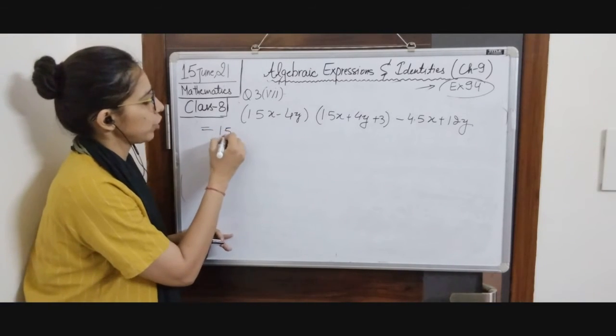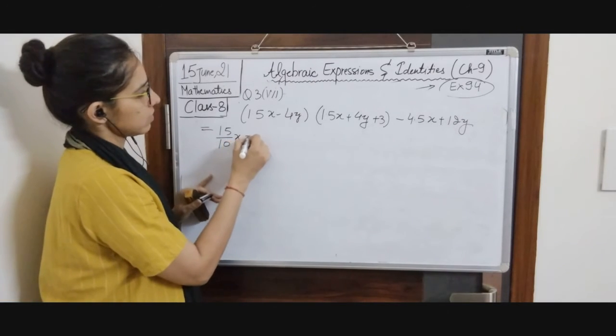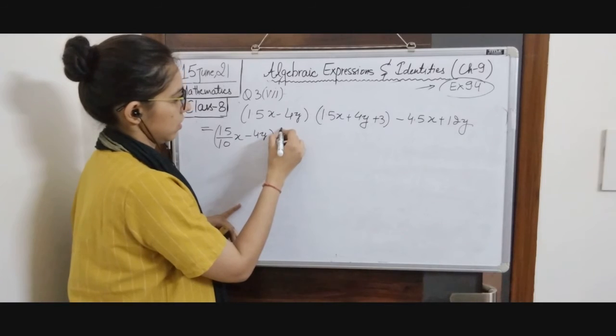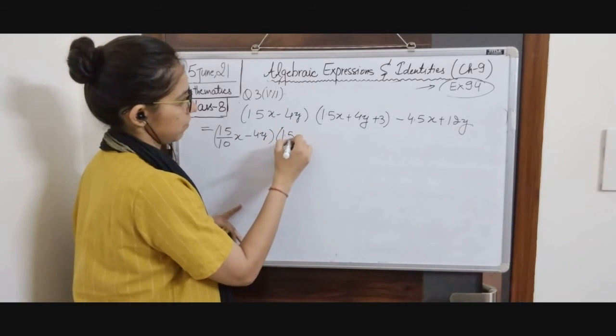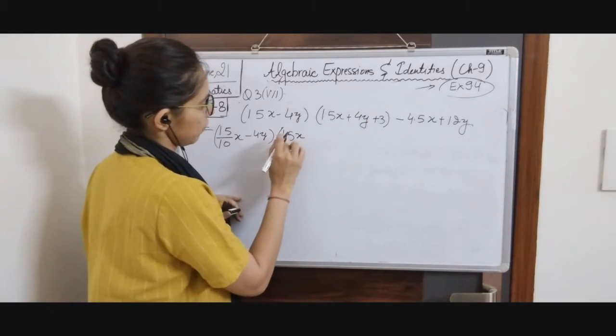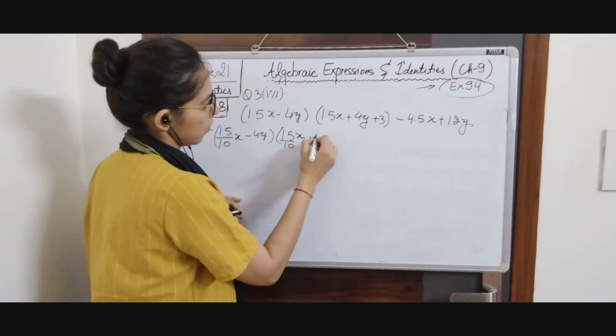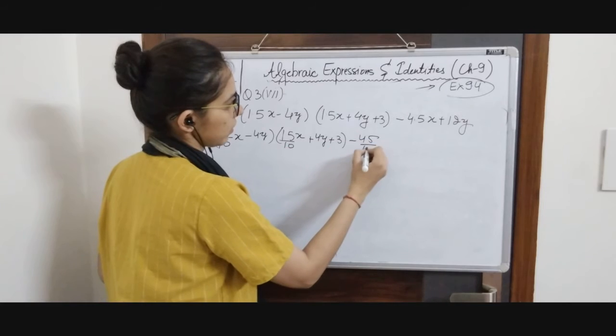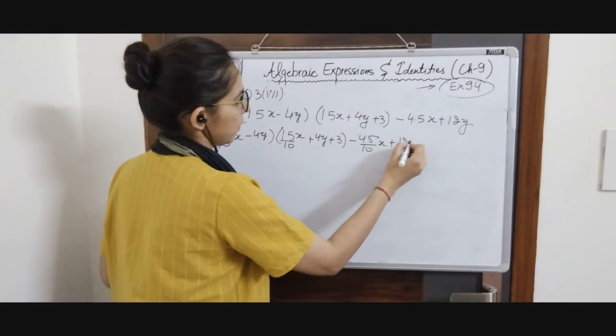So it is going to be (15/10)x − 4y times (15/10)x + 4y + 3, minus (45/10)x + 12y.